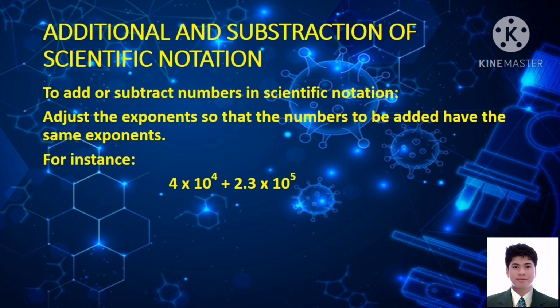Learners, moving on now to addition and subtraction of scientific notation. To add or subtract numbers in scientific notation, adjust the exponents so that the numbers to be added have the same exponents. For instance, 4 times 10 raised to 4 plus 2.3 times 10 raised to 5.